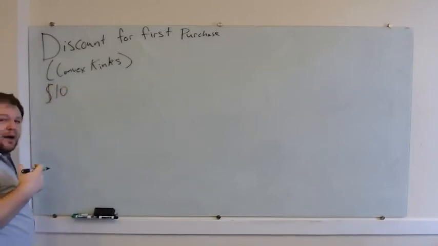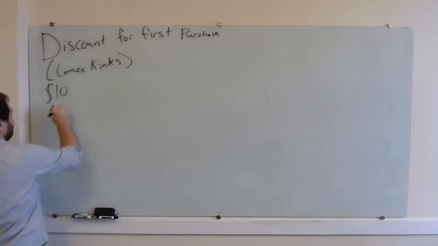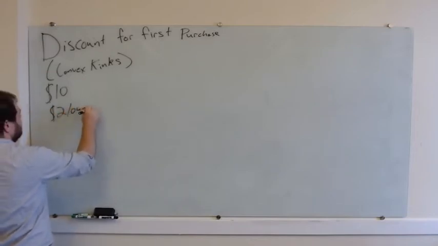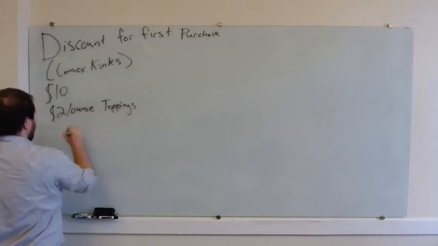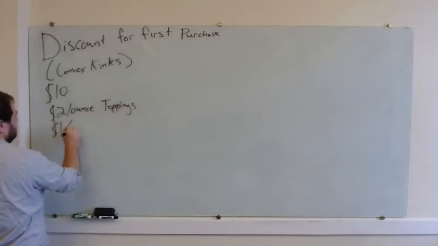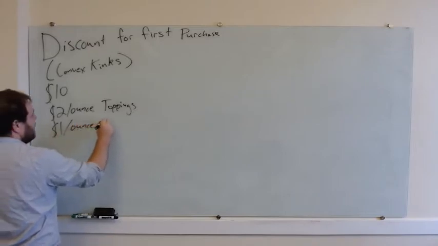And normally we've got prices of $2 an ounce for toppings, and $1 an ounce for froyo.